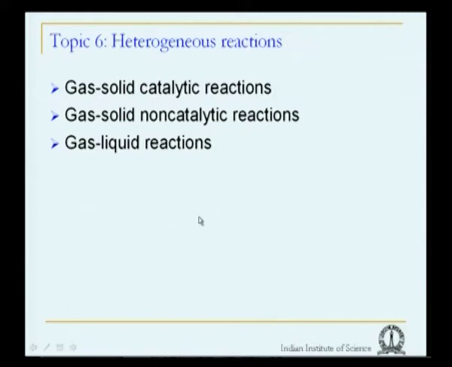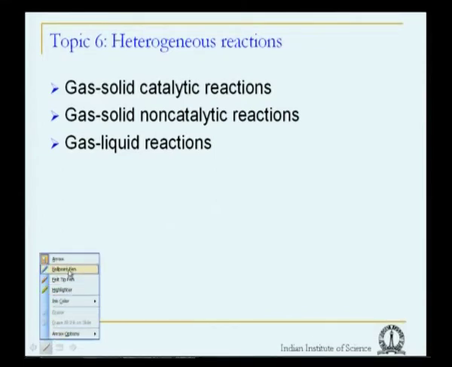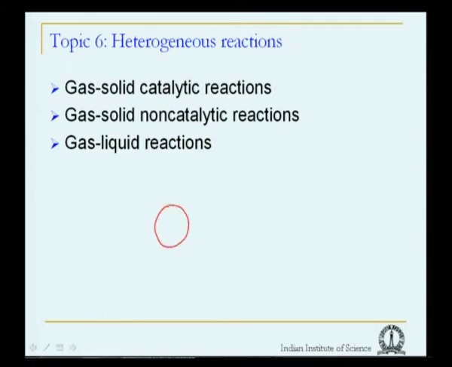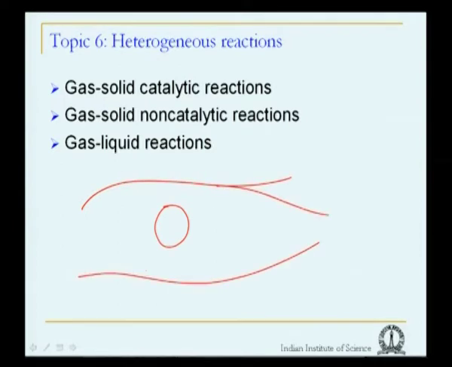Now, to refresh our memory, what is the situation when a gas solid catalytic reaction takes place? For example, we discussed earlier that this is my catalyst pellet, and this catalyst pellet is present in the flow of gas.